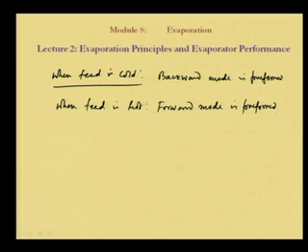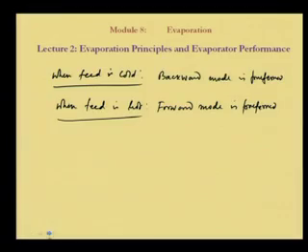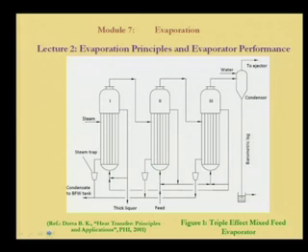Because we are not getting the advantage of backward feed when the feed is hot. Rather, we may sacrifice some amount of vapor, because when the feed is hot and we put it over here at a lower pressure, there can be some flash in this region.